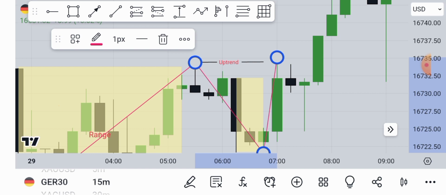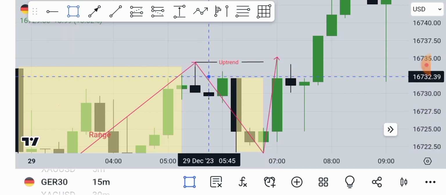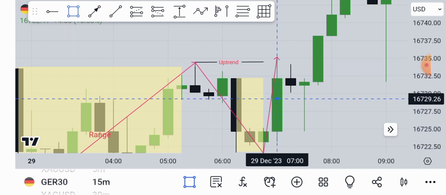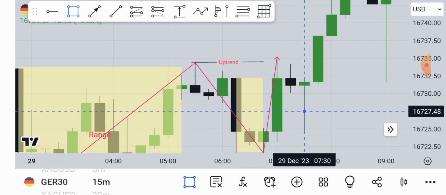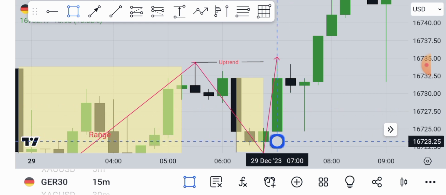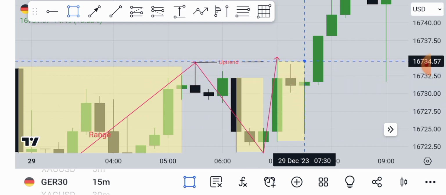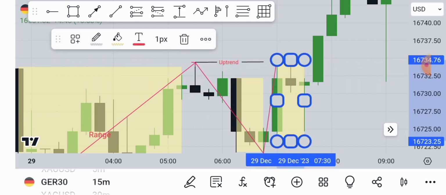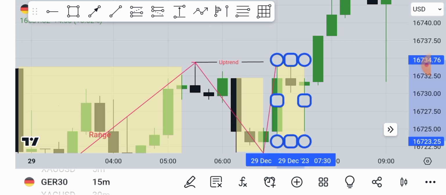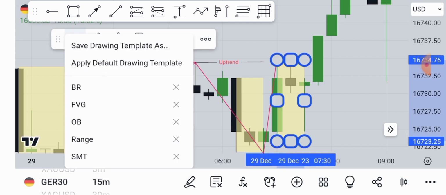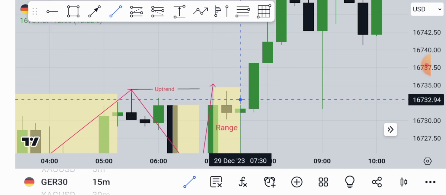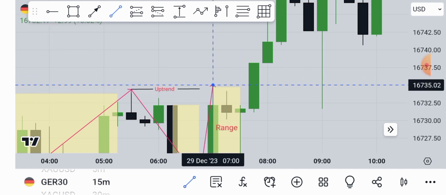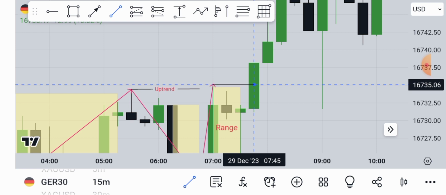So moving forward, we look at this high and the low. So the high and the low, where's the low and the high. So these three candles, we also have a range again. See, we have the range, and then the high of this candle was taken out by this one, you see.